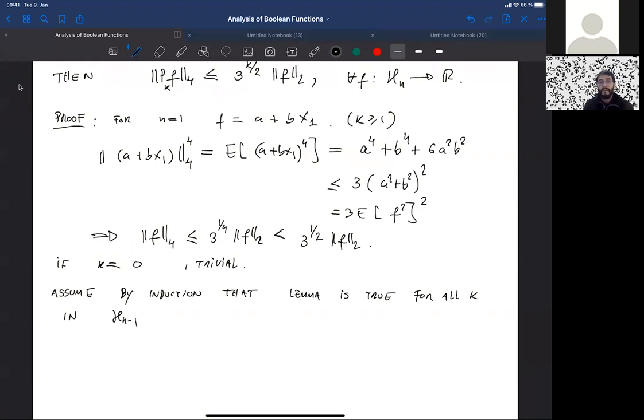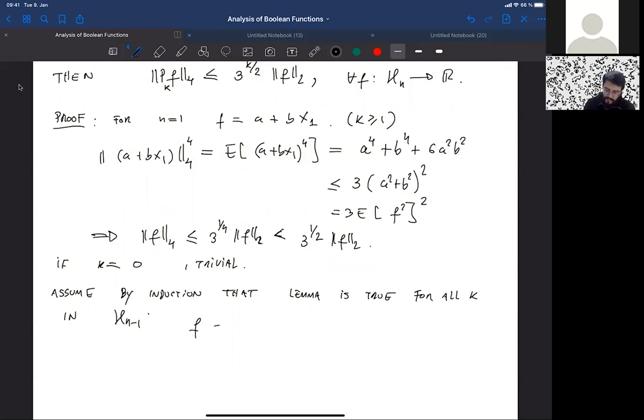Okay, that's the idea. And then how can I show it for Hn, that's the idea.